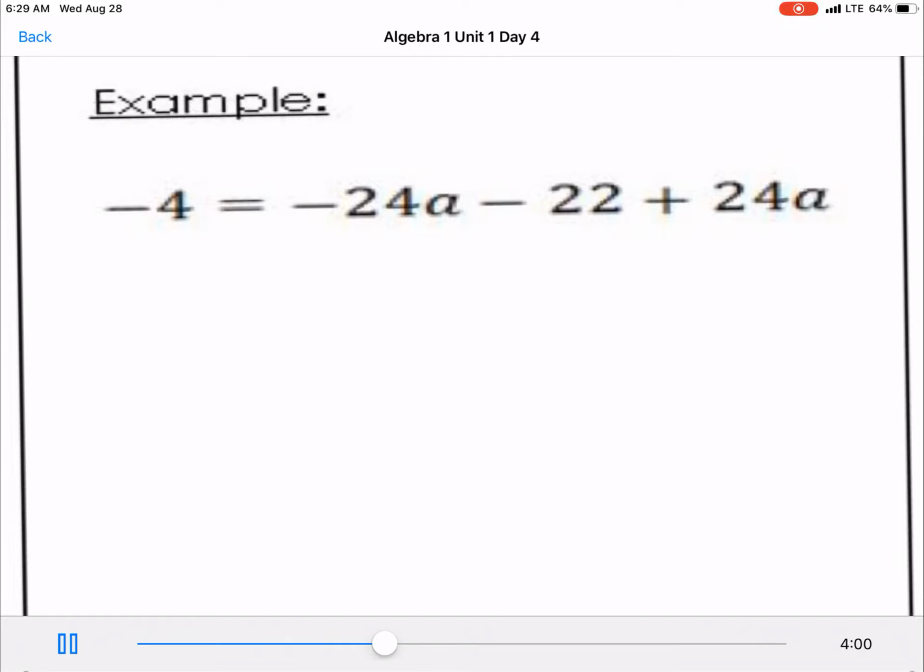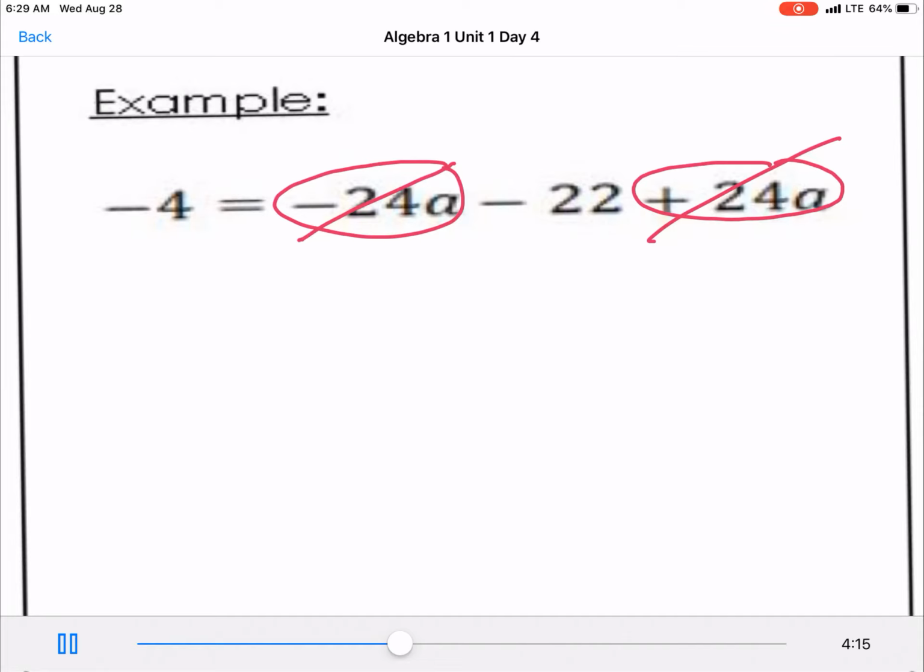Now to combine like terms here, I have negative 24a and positive 24a. So negative 24a plus 24a is just 0. They cancel out. So I just have left that negative 4 is equal to negative 22. And of course, we know negative 4 is not equal to negative 22. So this one has no solution.